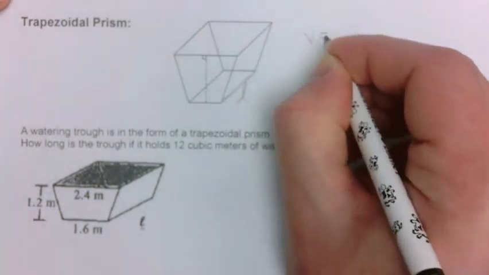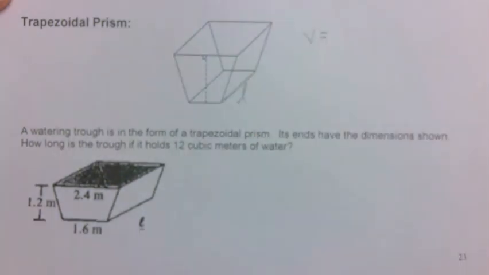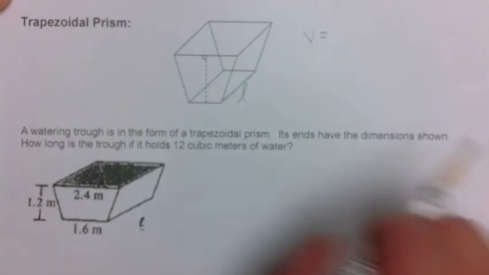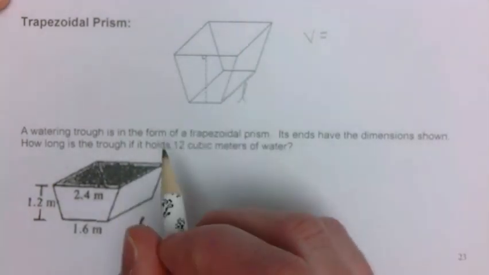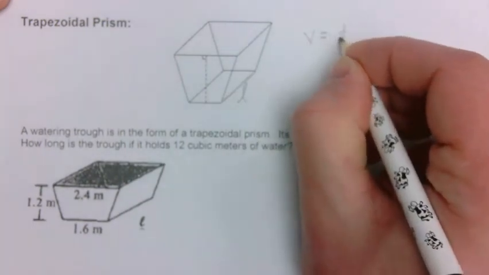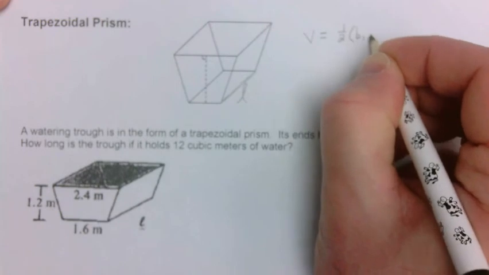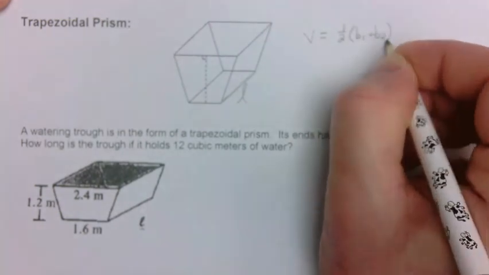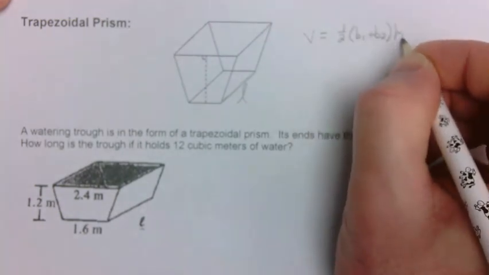To calculate the area of the base, the capital B, I need to know the area formula for a trapezoid, and fortunately I do. To find the area of a trapezoid, I do 1/2 the sum of the bases of the trapezoid, base 1 plus base 2, multiplied by the height.